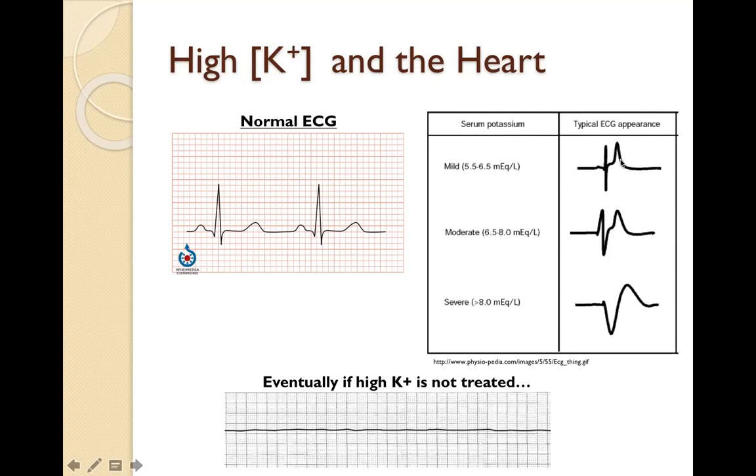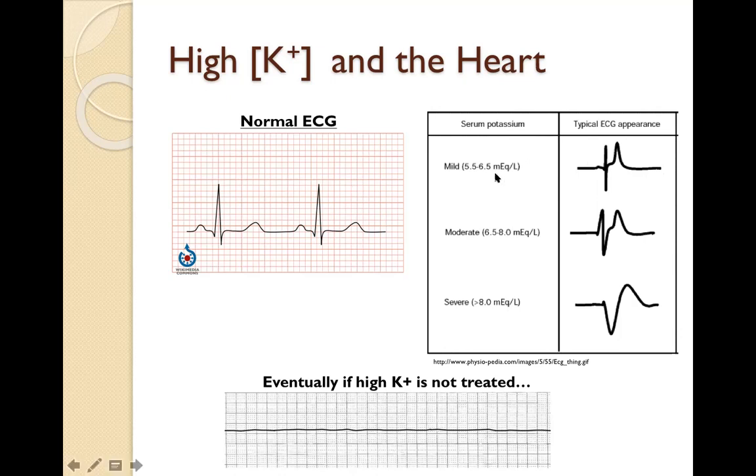Look how high that T wave is. It looks even higher than the QRS complex. There's such a huge repolarization because of the high potassium. And so we call these peaked T waves. We sometimes will see peaked T waves in someone who has a high potassium.